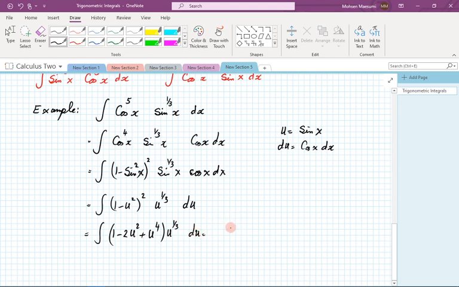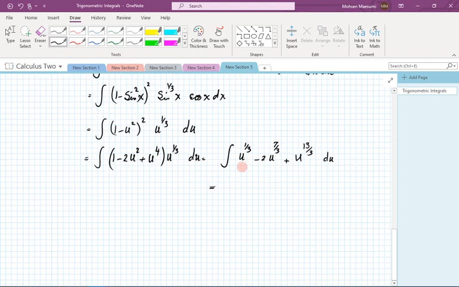From here on it's going to be downhill, is that right? You multiply, and it's essentially polynomial integration. u to the power of 1/3 minus 2u to the power of 2 and 1/3, which makes 7/3, and then 4 and 1/3 becomes 13/3 du.